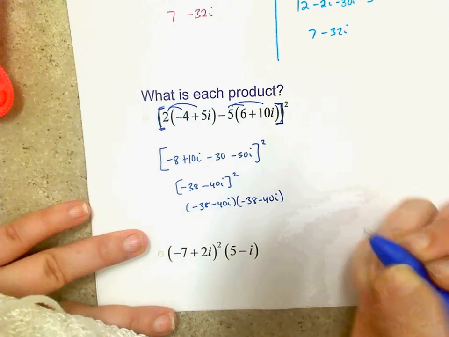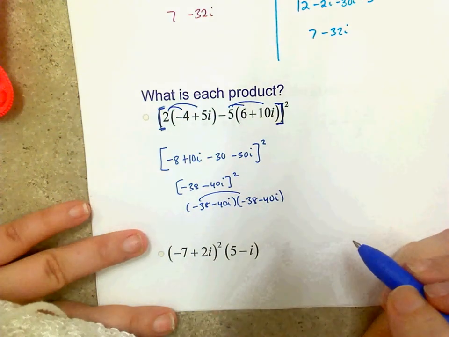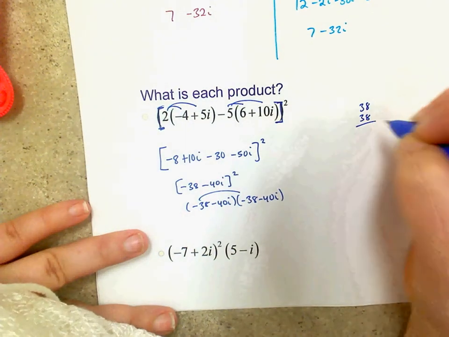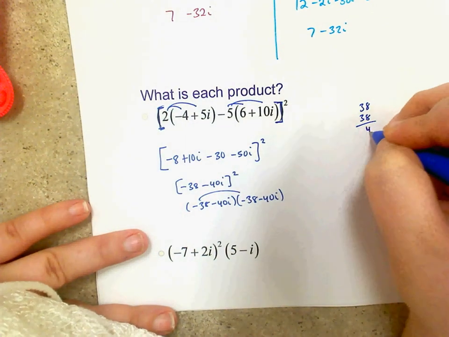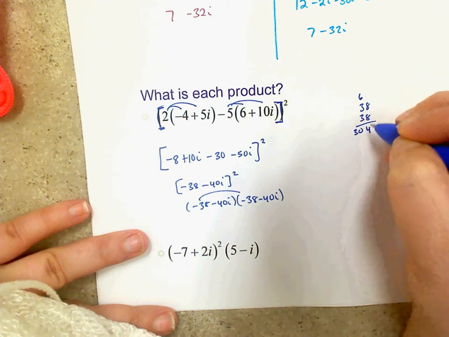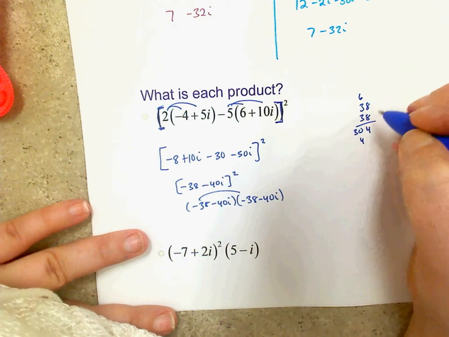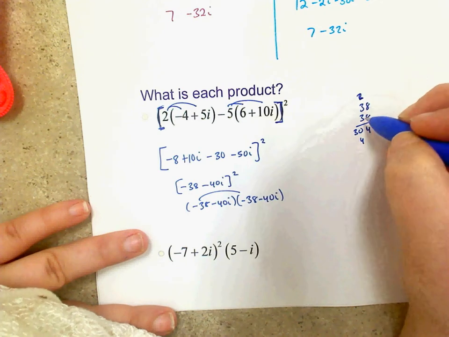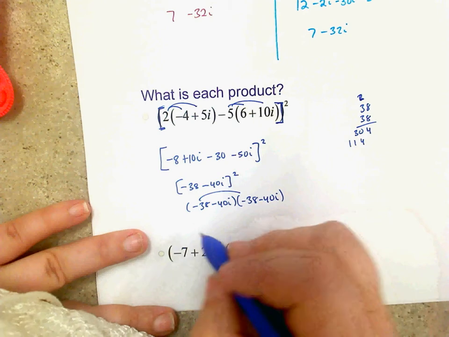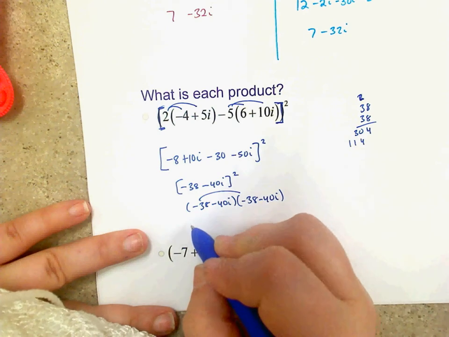Oof, 38 times 38. Let's see, 64, 24, so 30, 24. So then 9, 10, 11. So negative 38 times negative 38 is 1,444.